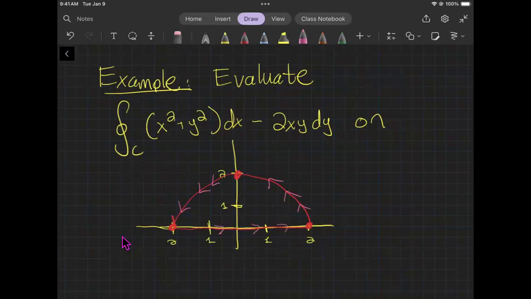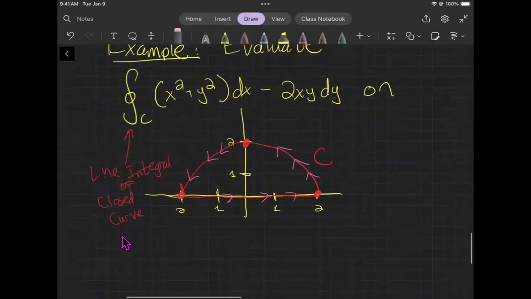Okay, so this is the curve C that we're talking about here, right? This symbol right here indicates a line integral of a closed curve. So if you see a line integral with the circle in the middle, it's referring to an integral of a closed curve. So in this case, C here is closed.